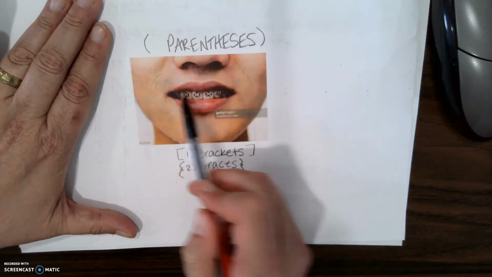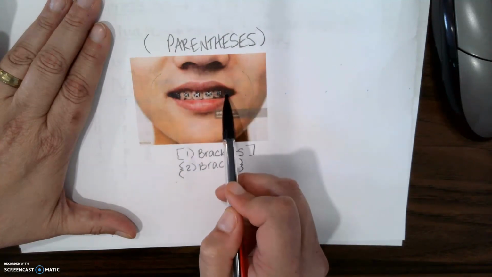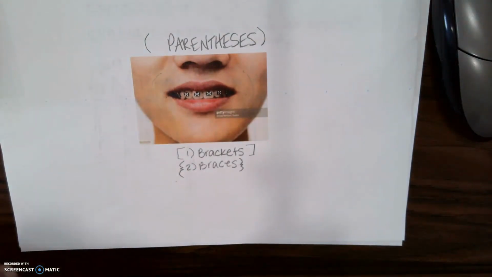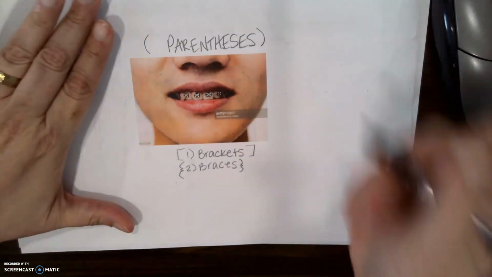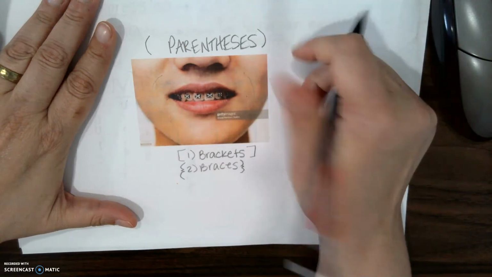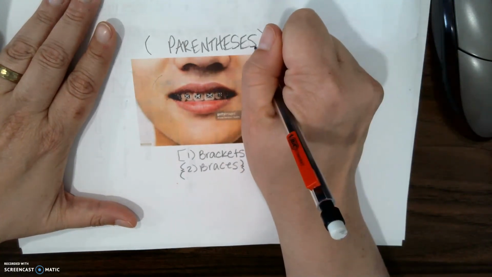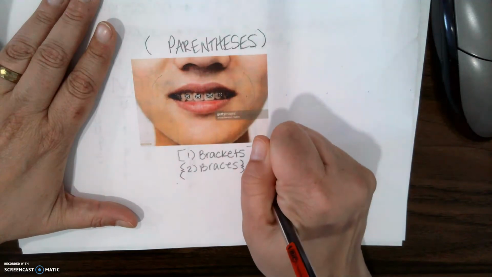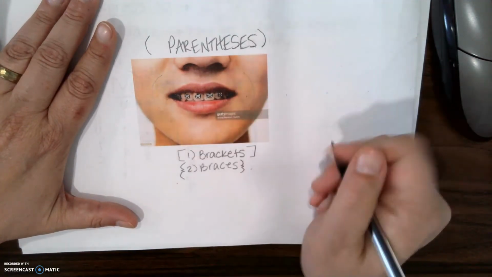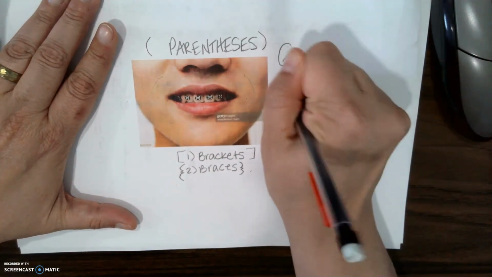The brackets go inside your smile, and then the braces go inside your brackets. Okay, so we work from the inside out. Parentheses go first, then the brackets, then the braces. That's how we remember groups.